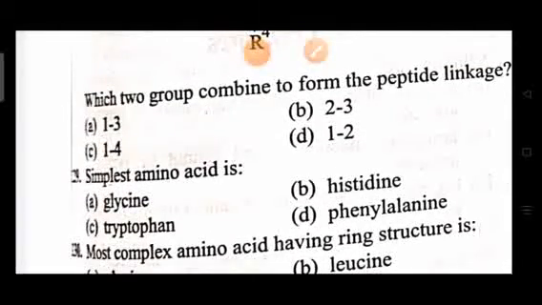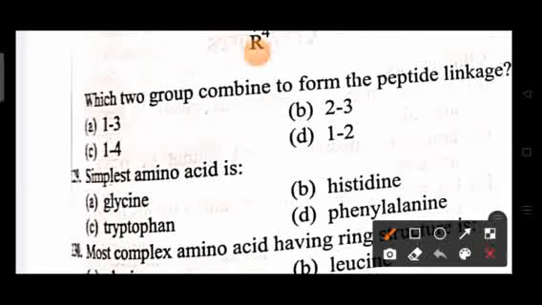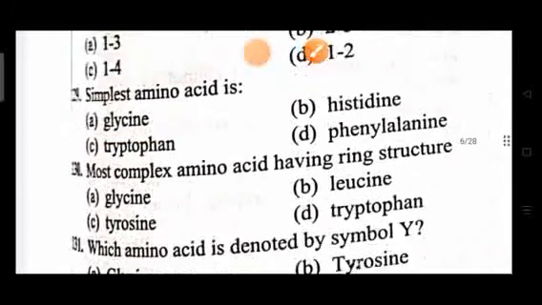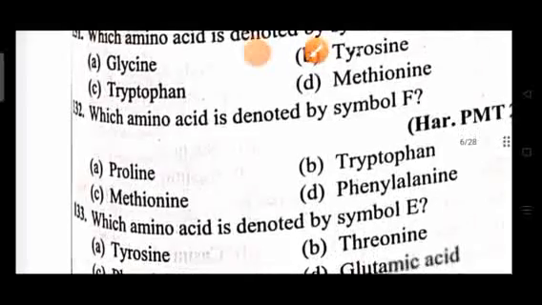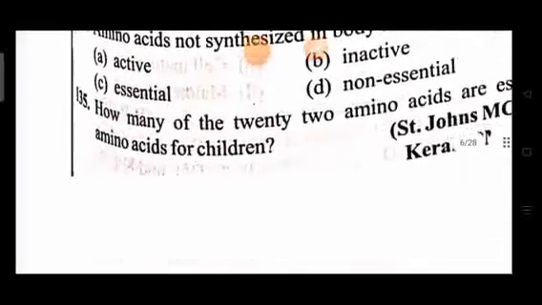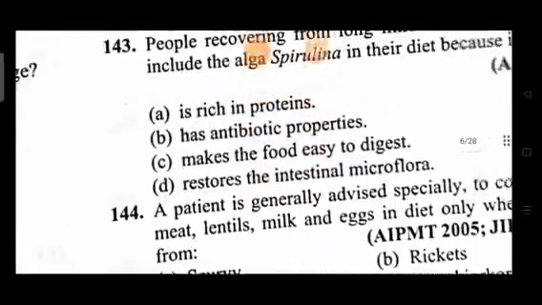Next, the simplest amino acid is glycine, histidine, tryptophan, or phenylalanine. We have been discussing that the simplest amino acid is glycine. This will be discussed in biomolecules. Next, coming to the 143rd question.